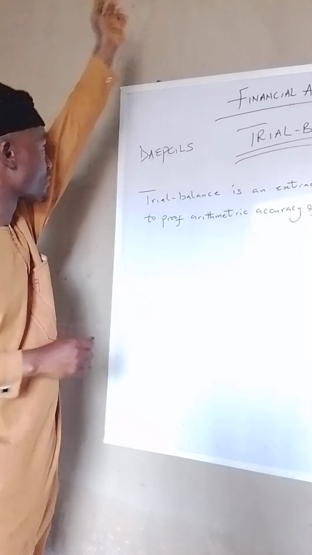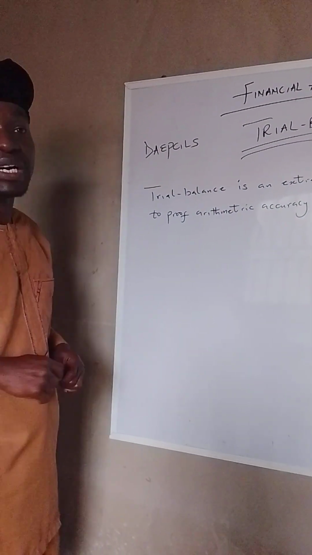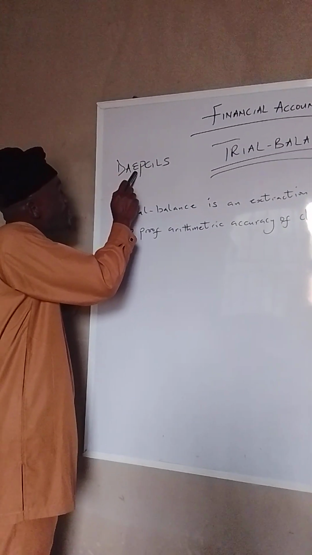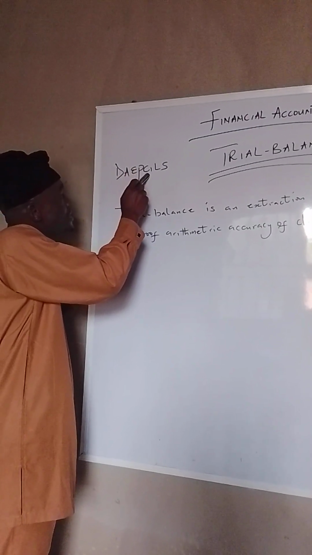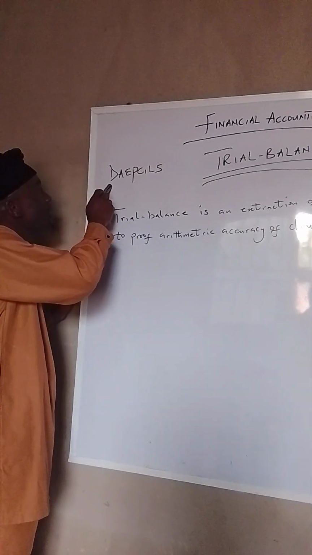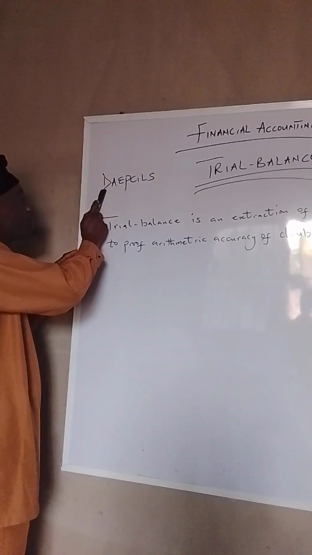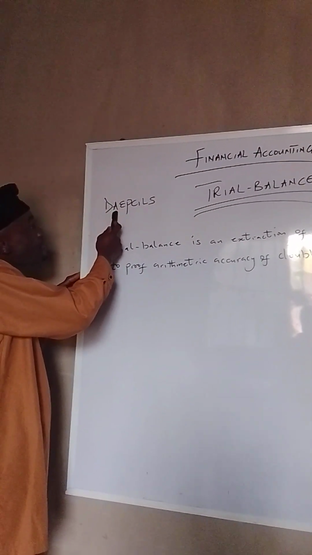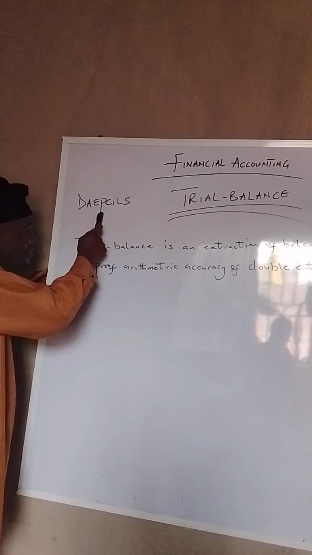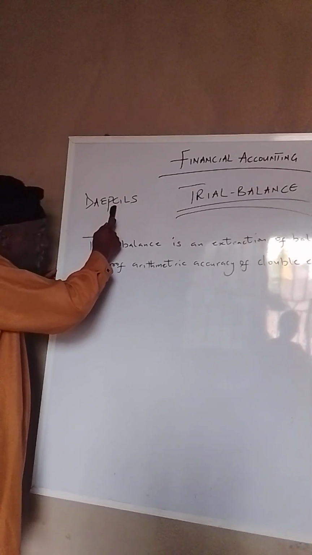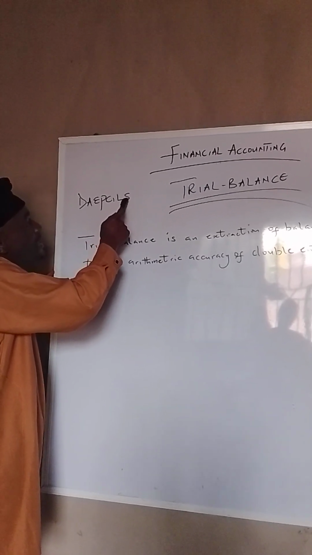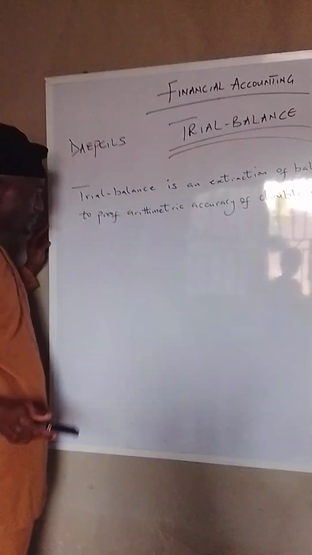In the rules of trial balance, D means debit, assets, expenses, purchases; credit, income, liability, and sales. This D represents debits. A represents assets. E represents expenses. P represents purchases. C represents credits. I represents income. L represents liability. And S represents sales.